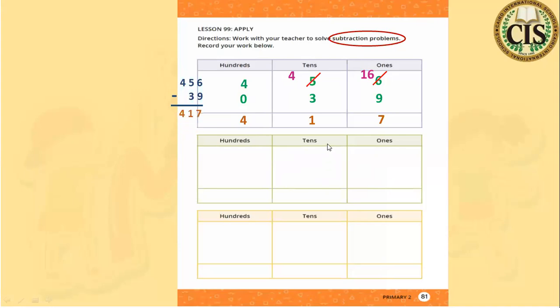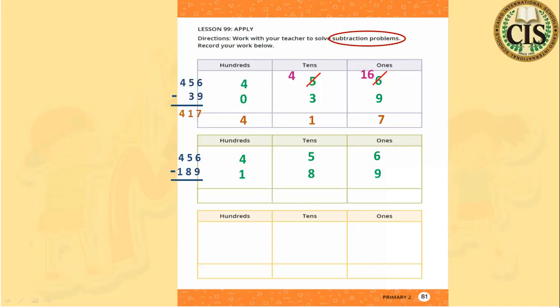Number 2, 456 minus 189. 4 in hundreds, 5 in tens, 6 in ones, and 1 in hundreds, 8 in tens, 9 in ones. We start with ones. 6 minus 9.